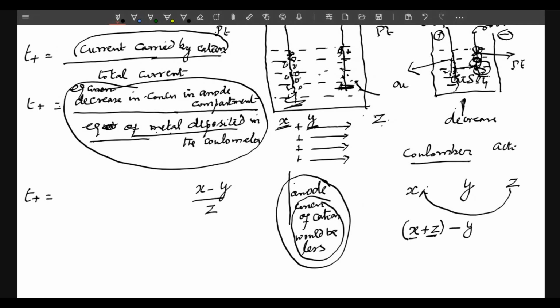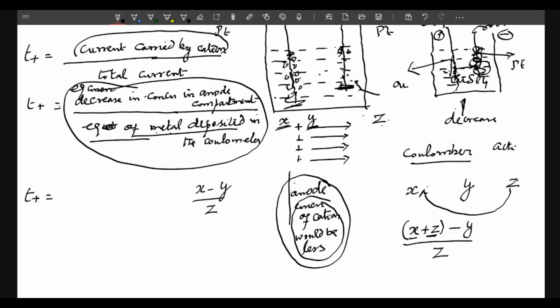Then you subtract Y, and you get the decrease in concentration in the anode compartment, divided by the coulometer reading. This is the main difference in calculating the transport number. You should find out whether the electrolysis is between active electrodes or between inactive electrodes. We will work out one or two problems on this, and you will have an idea. Take down this problem first.